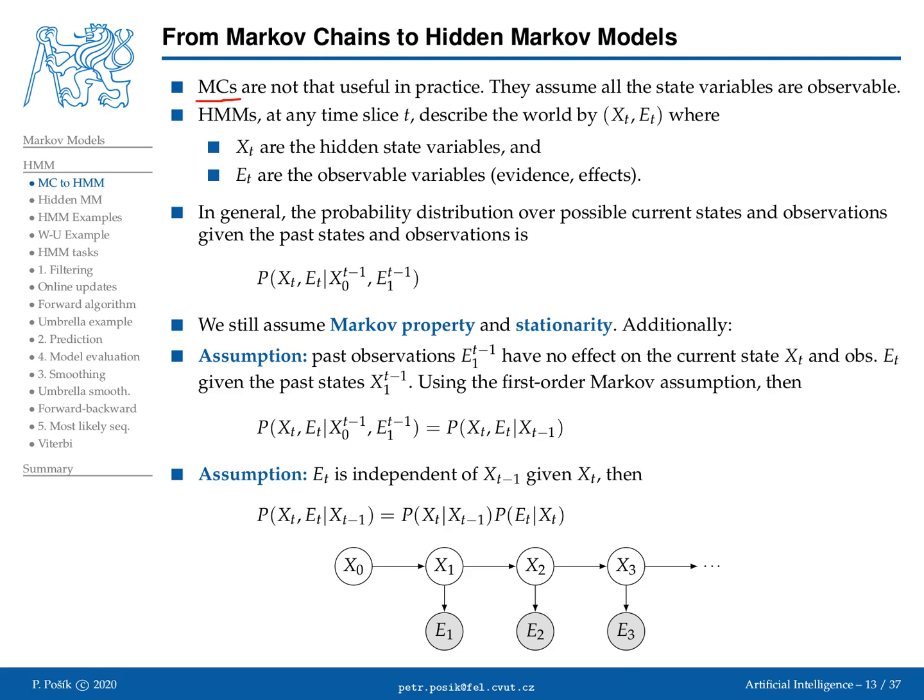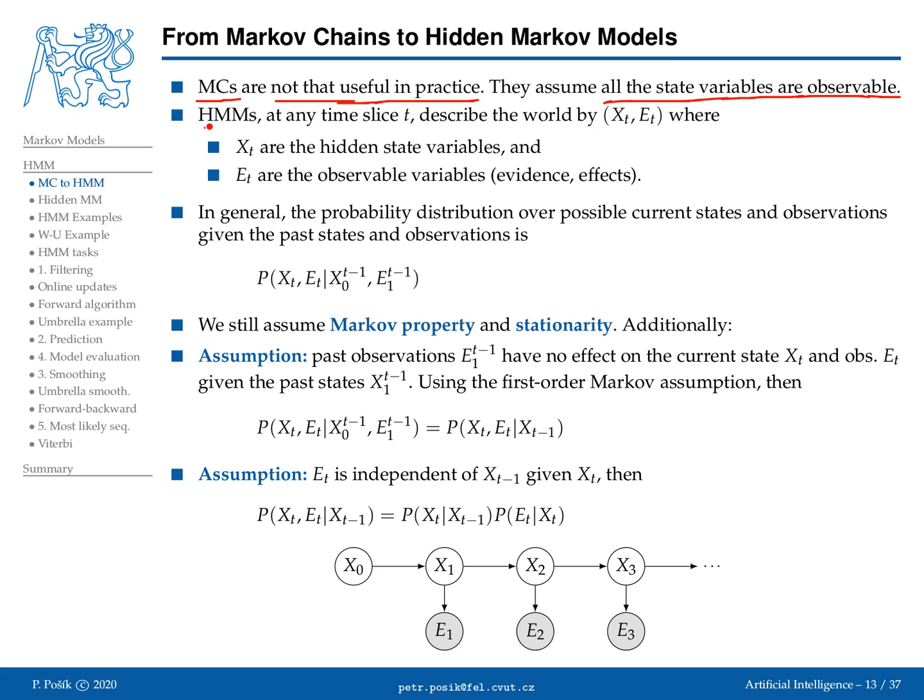Despite the fact that Google PageRank is a very successful application of pure Markov chains, they are actually not that useful in practice, because they assume that all the state variables are observable.